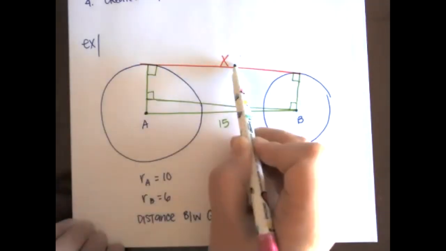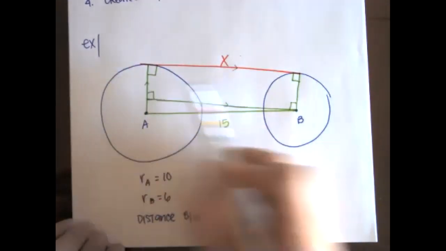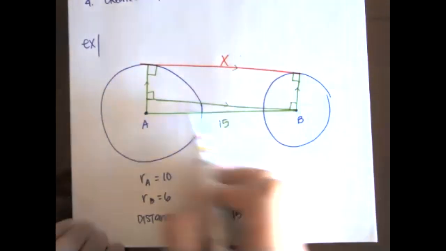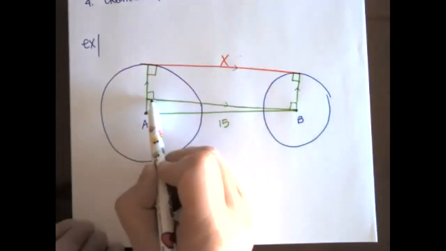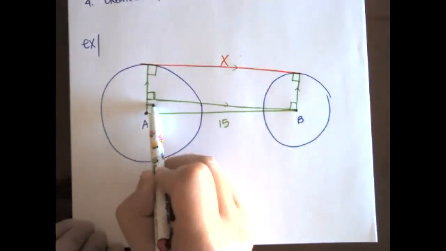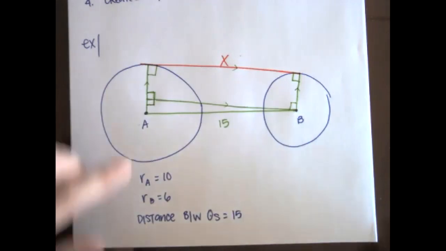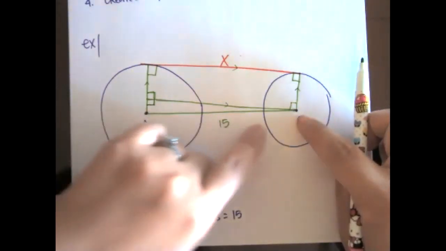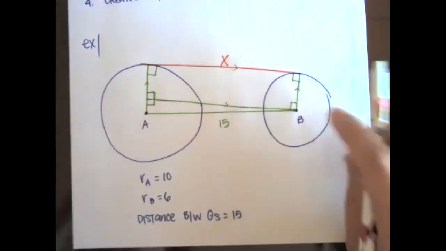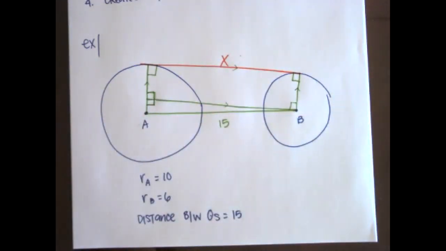Because this is parallel and this is a right angle, this is a rectangle. Since this is a right angle, this is also a right angle here. Now this is a right triangle. That little tiny triangle right there, that's a right triangle.